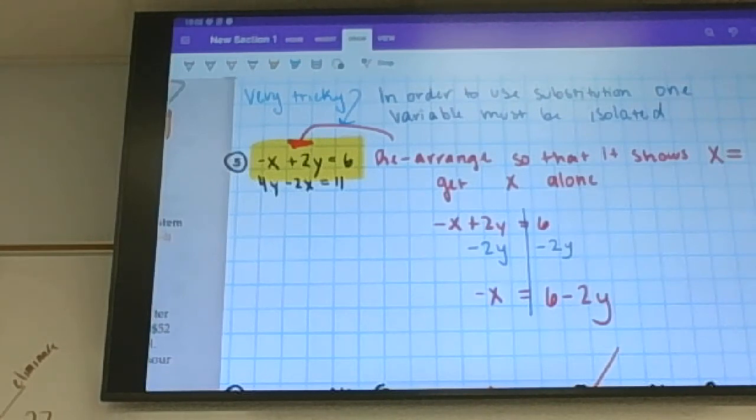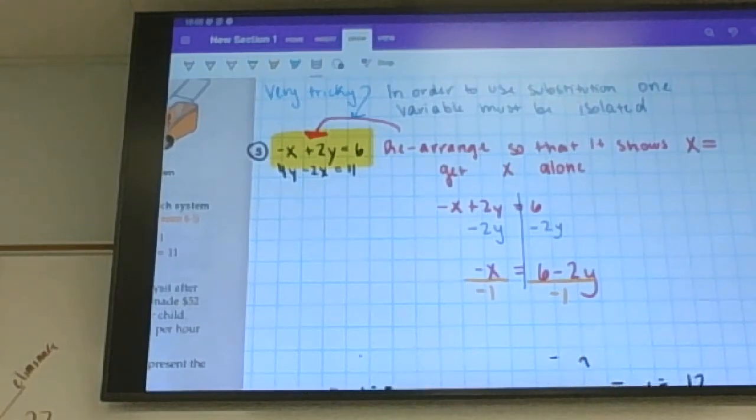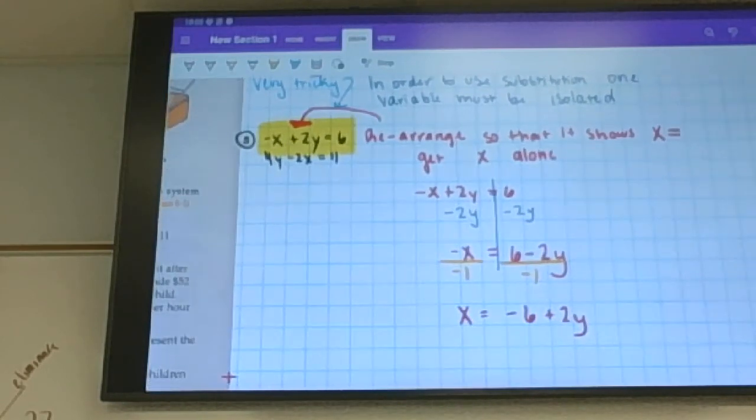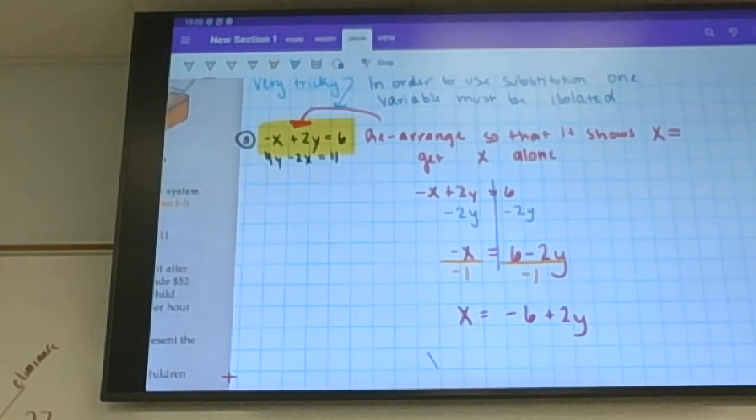And the last step is to divide by -1. So x is -6 plus 2y.